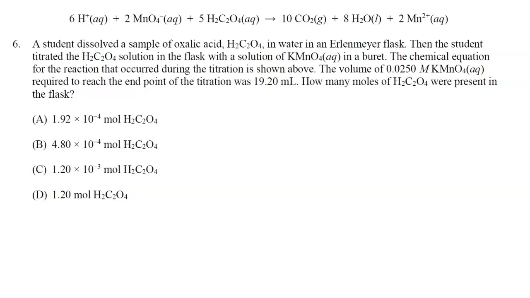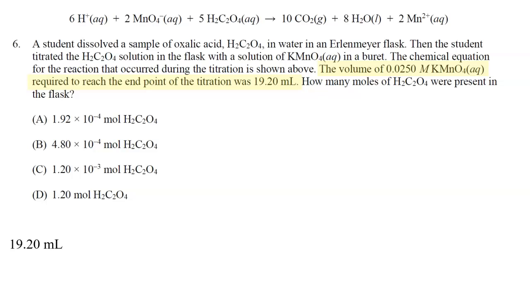So a good place to start in this problem is the fact that we are given both a volume and a molarity of this aqueous KMnO4 solution, the potassium permanganate. And if we know the volume and the molarity, we can calculate the number of moles of that substance. So the volume is 19.20 milliliters.